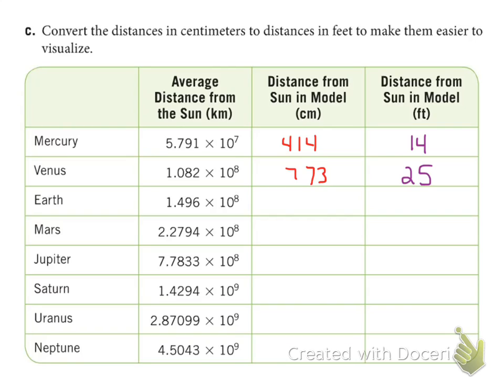And then you're looking at all these distances. Even the closest one is 14 feet away from the sun. We didn't actually work out Neptune, but the distance in feet, you should end up with 1,056 in that very bottom right box. So we'd have our sun here, and 1,056 feet away is where Neptune would be. So it's unrealistic to really build it to scale. It would have to be out in some field somewhere.